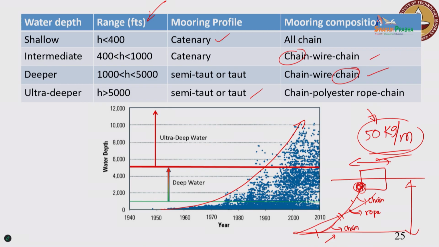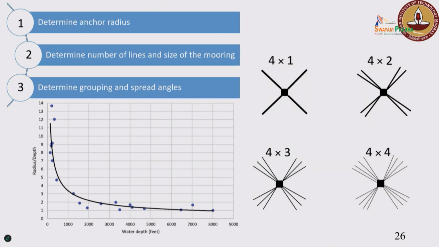And depending on how much offset should happen, it can be catenary or taut. Okay. So we need to determine the anchor radius, the number of lines and the size of mooring, and the grouping and spreading. These are some of the important things that we have to take care of, and when you design, you need to start somewhere, correct?